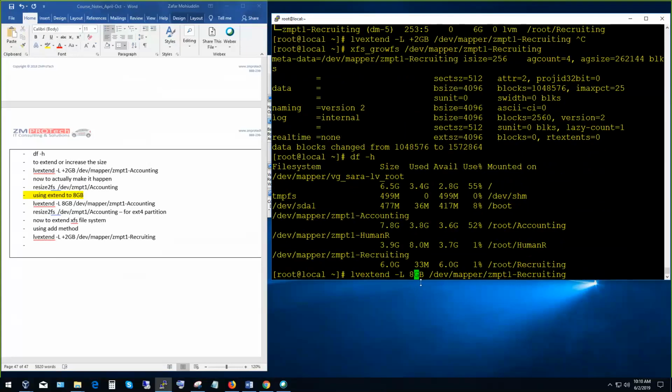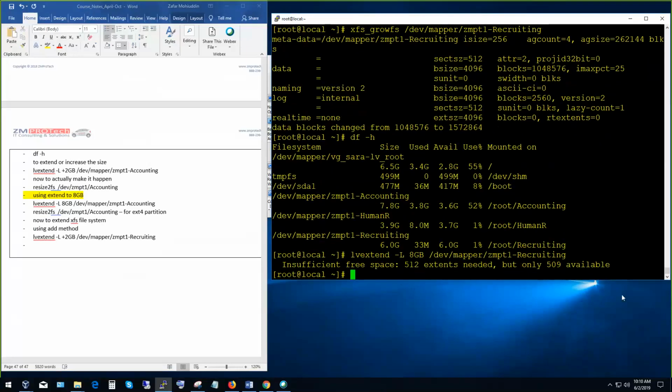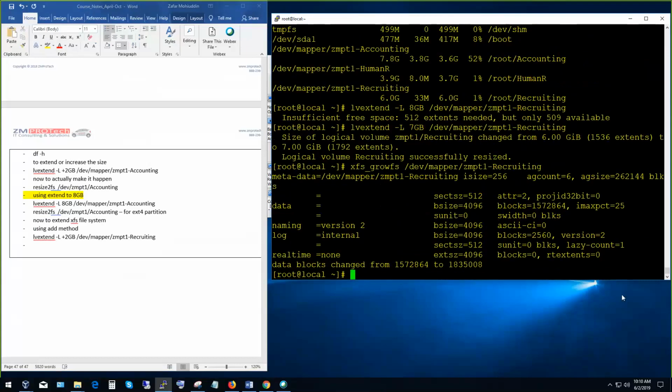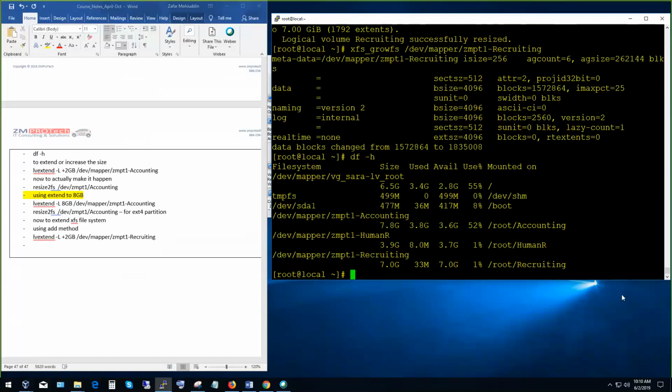That's what the extend method means. Okay, so it's insufficient. So we'll just do 7 GB. Okay. All right, and then same command, xfs_growfs. All right, let's do df -h, and it's at 7 GB.